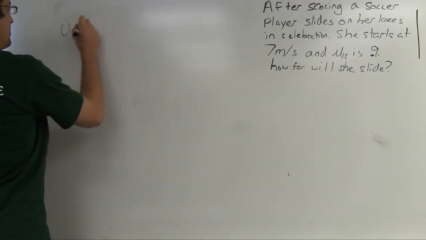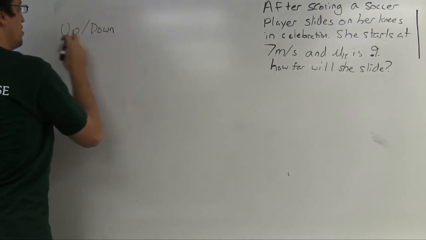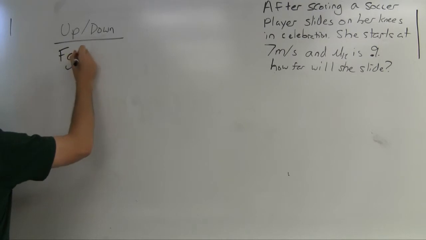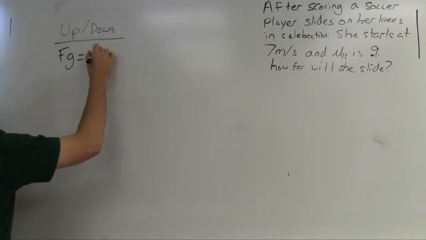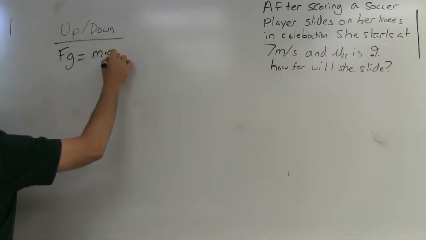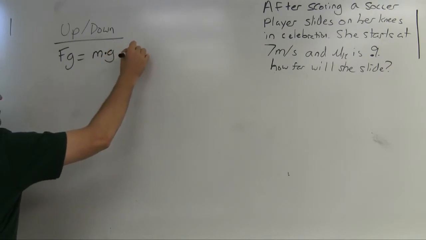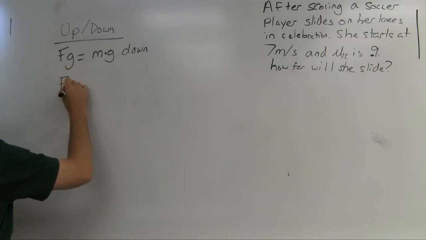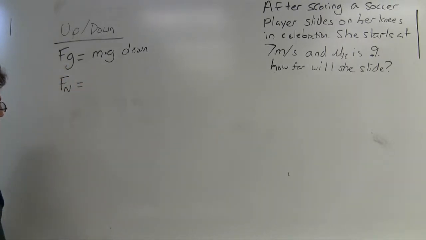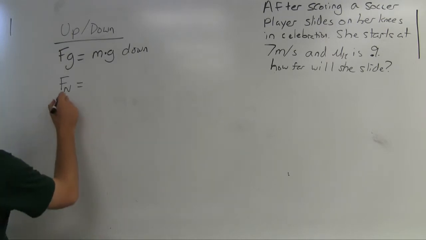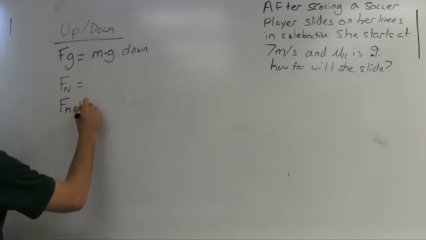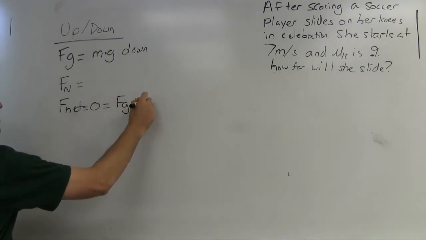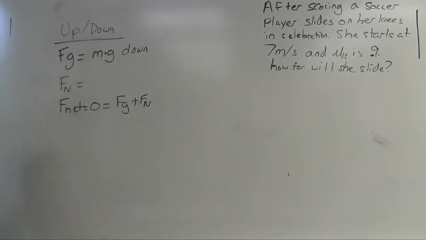For up/down, we have two forces: Fg, which is the mass of the player times gravity, and this is going to be down, and Fn, which is the normal force. We don't know what the normal force is, but we do know that F net is equal to 0, and that's equal to Fg plus Fn, because F net is all the forces.